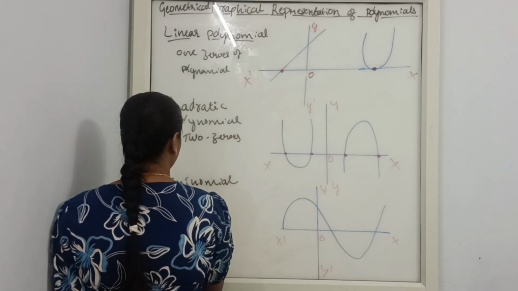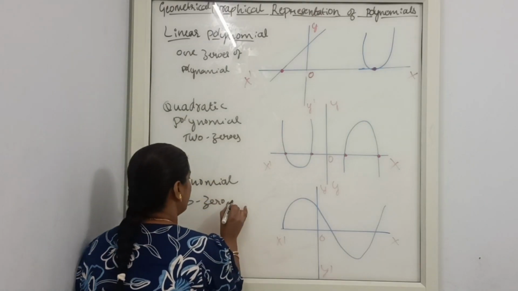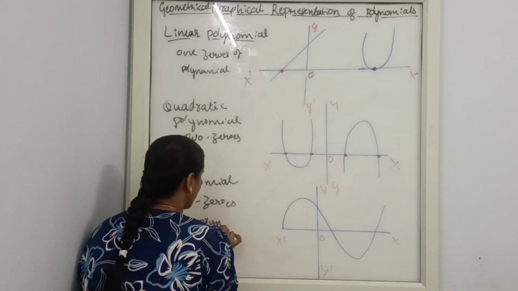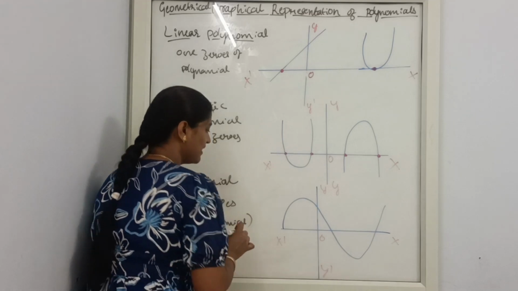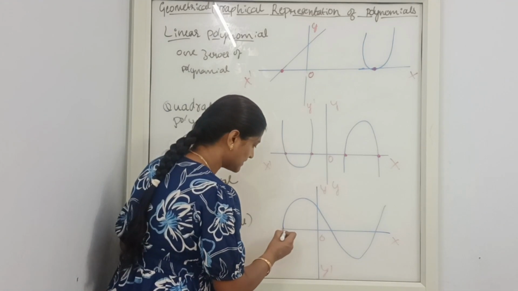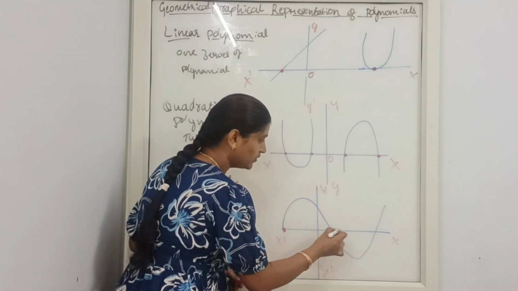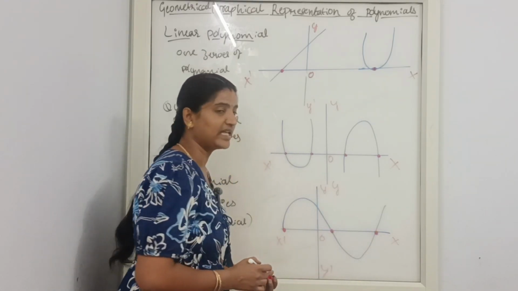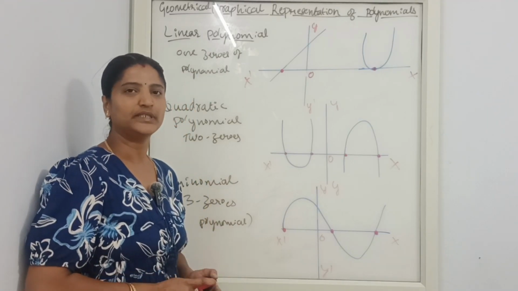Next one is the cubic polynomial. A cubic polynomial has 3 zeros, 3 solutions also, so 3 points cross over the x axis: 1, 2, 3. So it's a very simple topic, but you should be clear here.